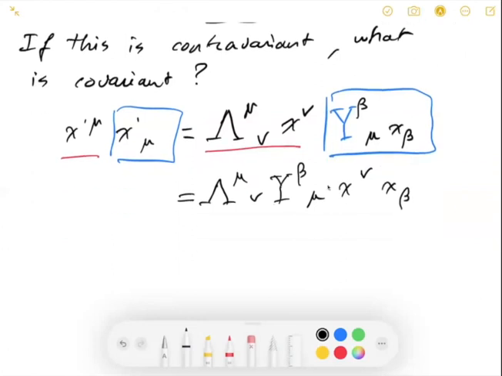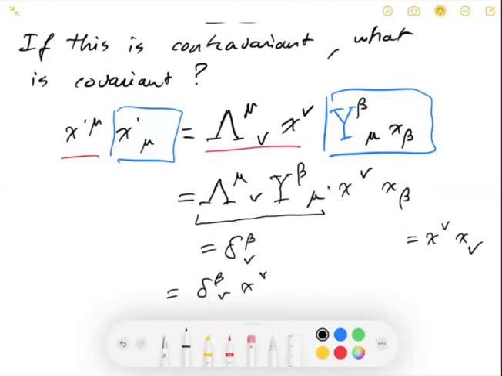We want this to be equal to x nu, for instance. That means this must be equal to delta beta nu, such that when you stick that in there, you get delta beta nu x beta, and that is by definition x nu.